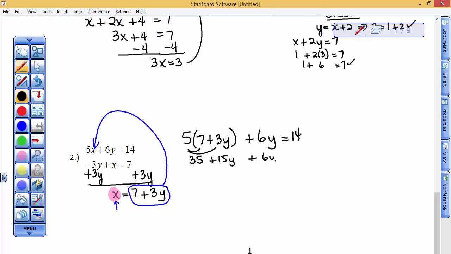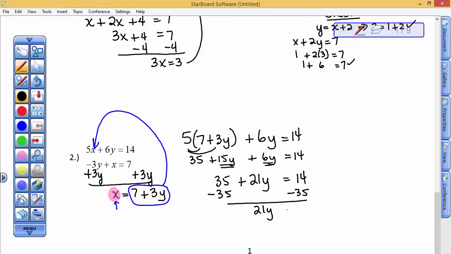And on the left hand side I'll have 21y plus that 35 over here. And let's subtract 35 from both sides. I believe that 14 minus 35 is a negative 21, and I'll divide both sides by 21, and I'll find out that y is equal to a negative 1.